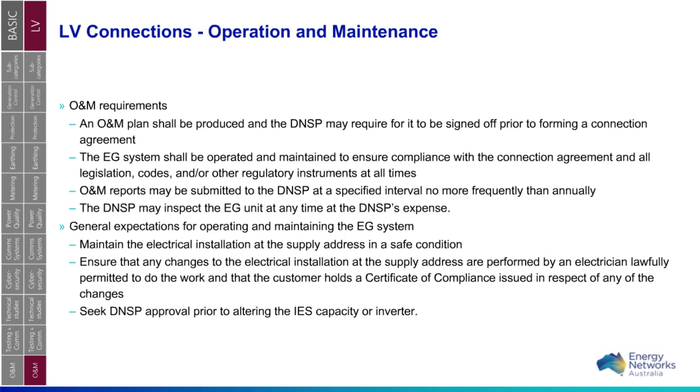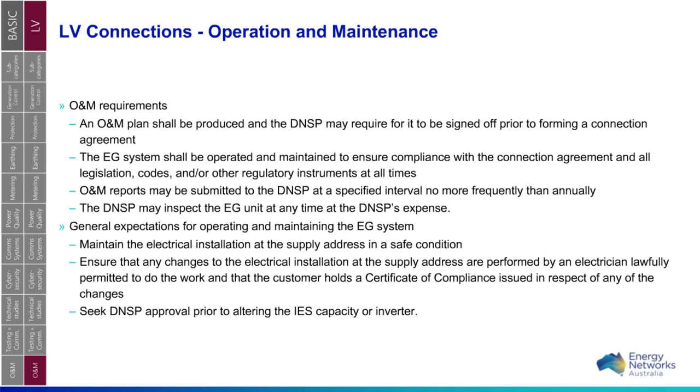An optional requirement there as well is for O&M reports to be regularly or periodically sent to the DNSP, depending on whether the DNSP chooses to require that. And then also the DNSP may inspect the unit at their own cost.